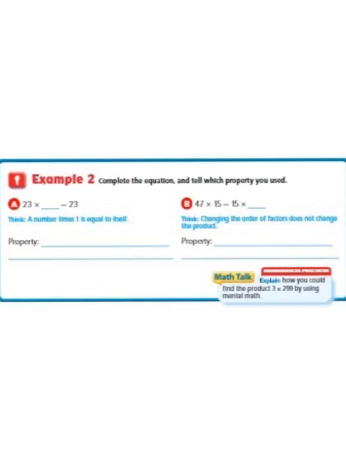Now let's look at example 2. It says to complete the equation and tell which property you used. So we have 23 times 1 equals 23. And we know that anything multiplied by 1 is the same number, and that is using the identity property of multiplication.